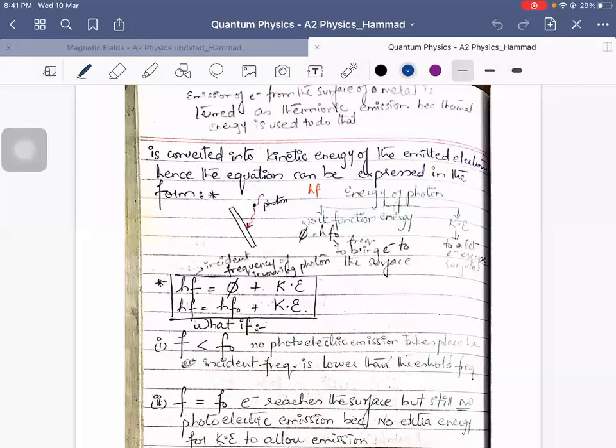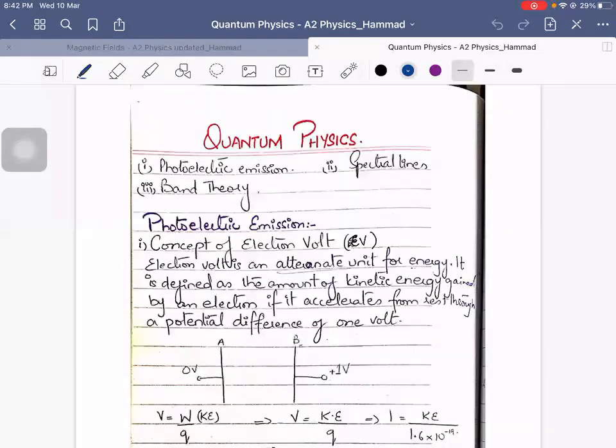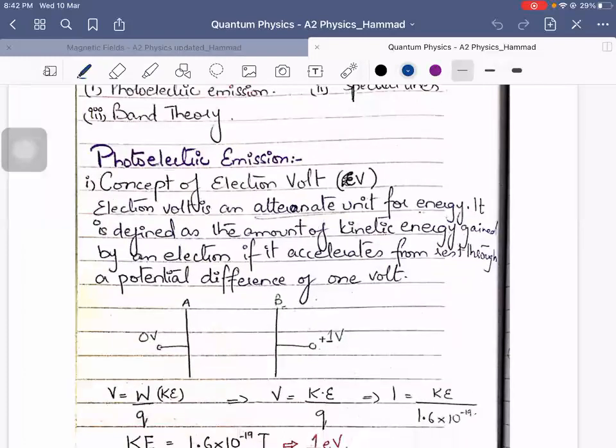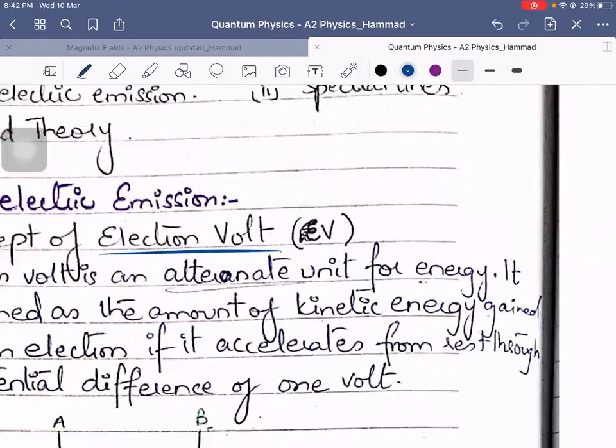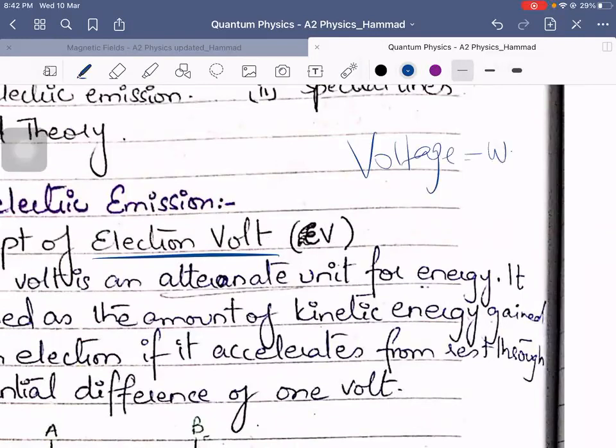Okay. Before we move on, you need to understand what exactly the electron volt is. You know for a fact that voltage is equal to work done upon charge.